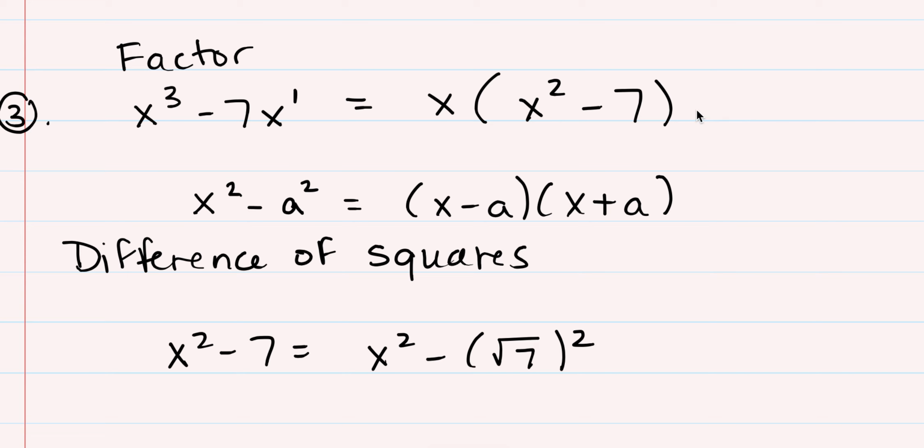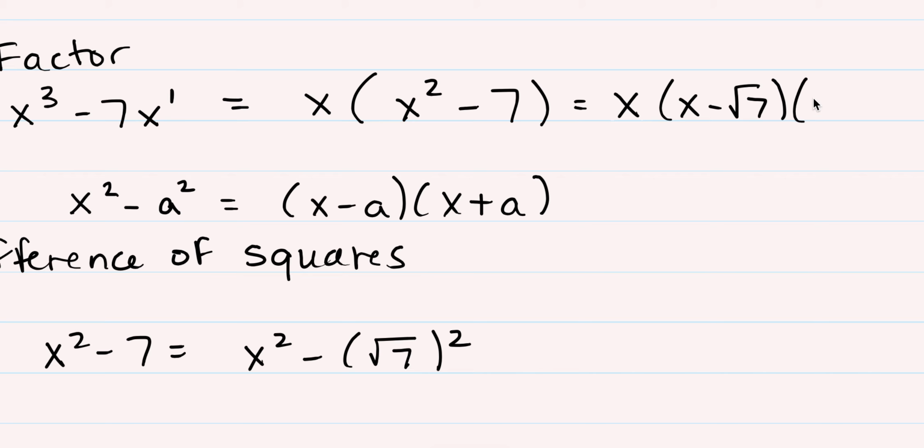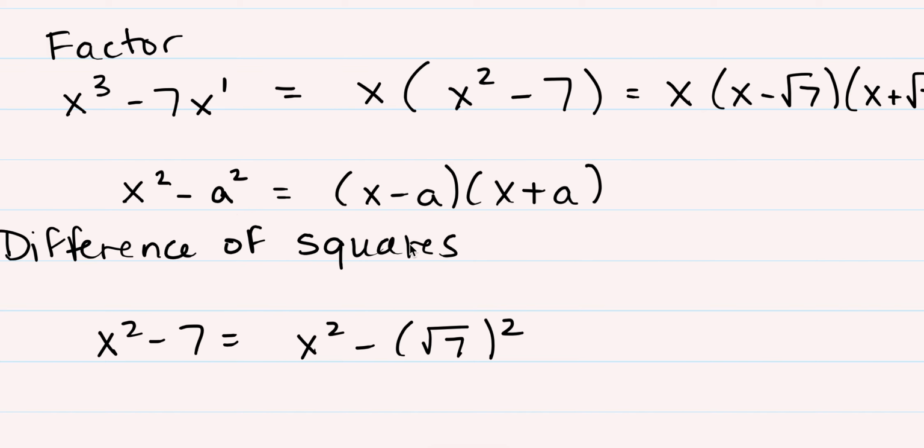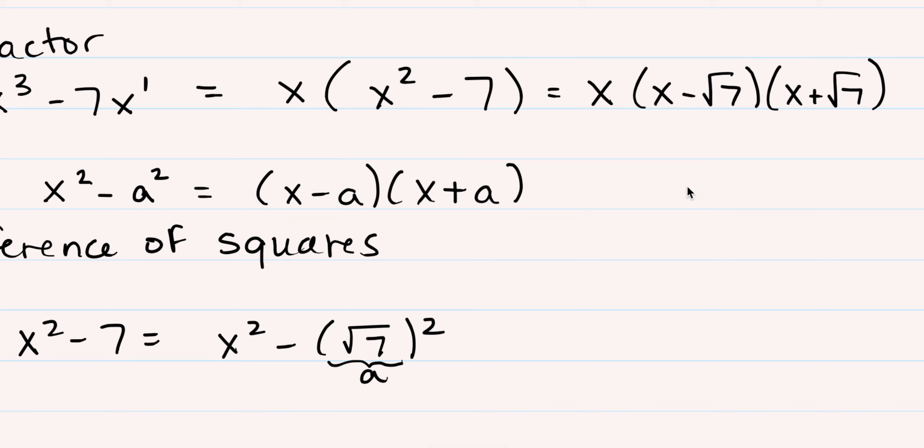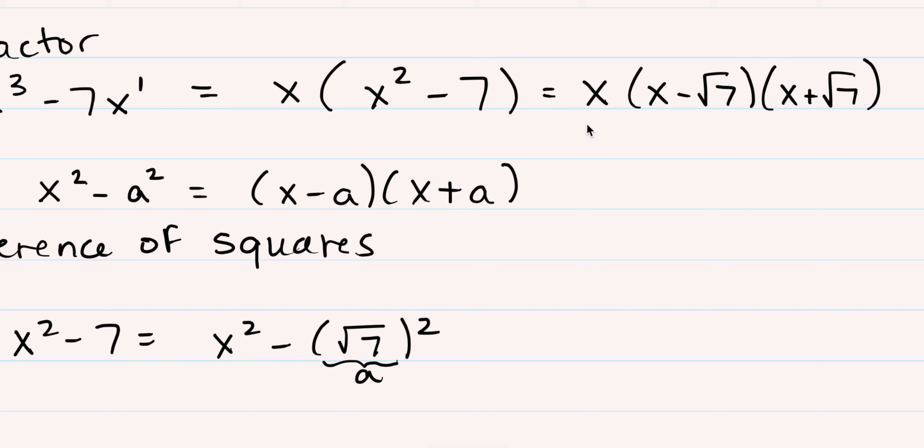So technically you can factor this a little bit further. This is x times x minus the square root of 7 times x plus the square root of 7, using this formula for the difference of squares, where this number right here is a. And I'm just plugging that into this formula, as you can see. So now this is completely factored.